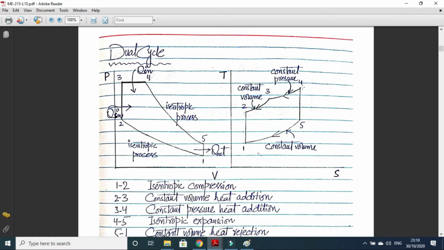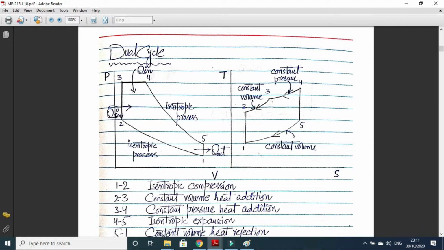The reason for this behavior is that, I think the arrows are wrongly put, so the arrows should be clockwise. So 2 to 3 is constant volume heat addition. So there will be no work done. So all the heat will be used to bring the temperature rise of the working fluid. So that is why the temperature rise is higher during the process 2 to 3.